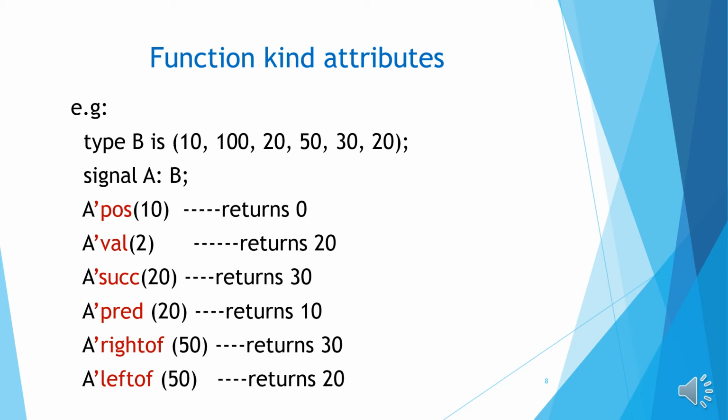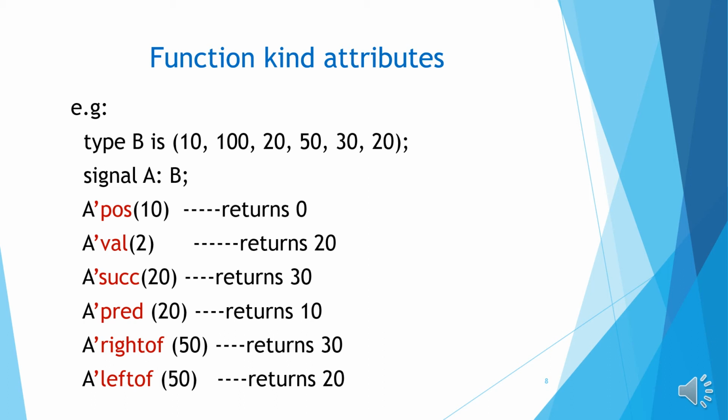I'll explain function kind attributes using an example. So an enumerated data type B is created having 6 values, and the values are 10, 100, 20, 50, 30 and 20. We cannot use data types directly, so we must create some data object and associate the data type with that object.